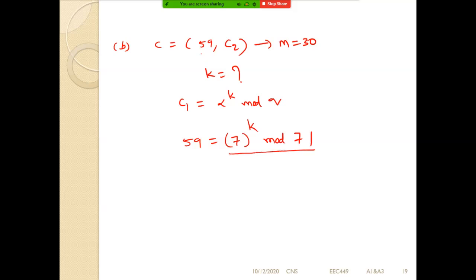So which value of k will give the remainder as 59 when we perform this mod operation? K is equal to 3, sir. Yes, 7 cube is what? 343 mod 71. Okay, very good.